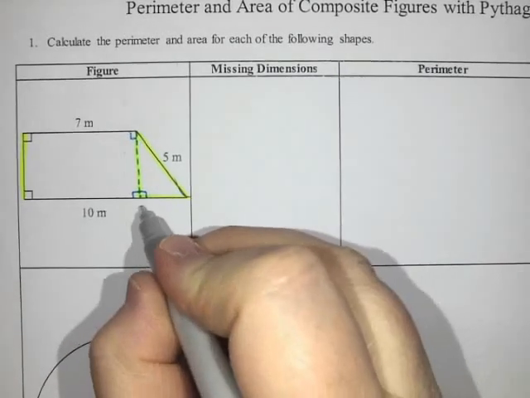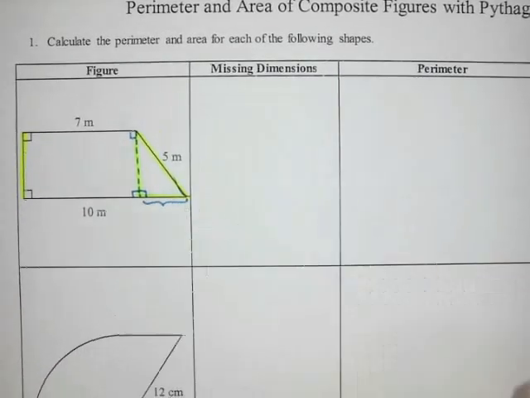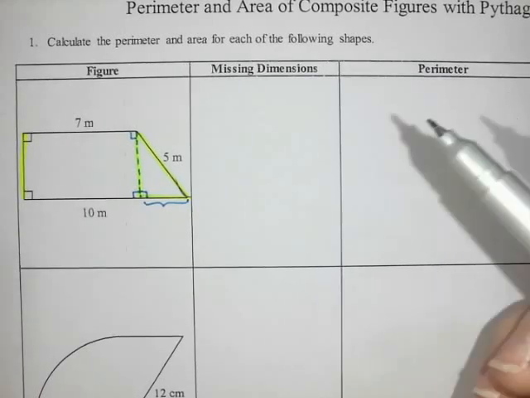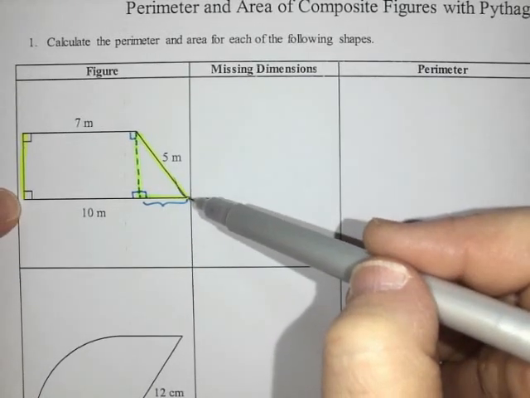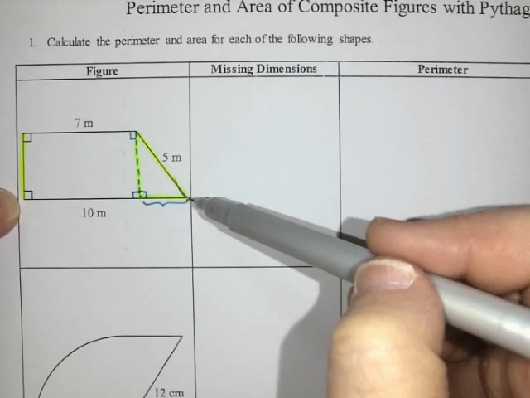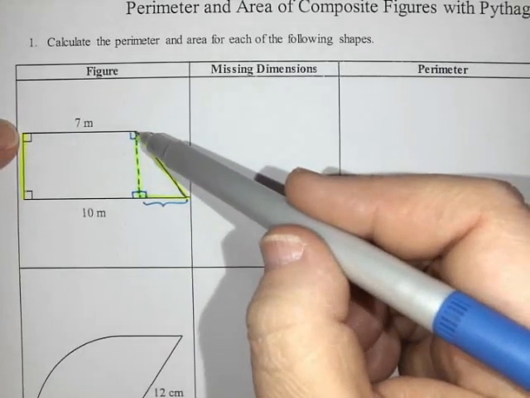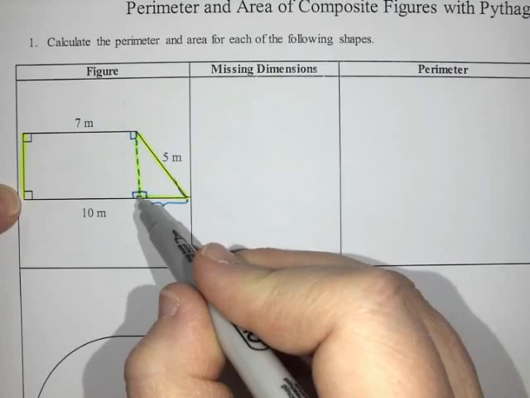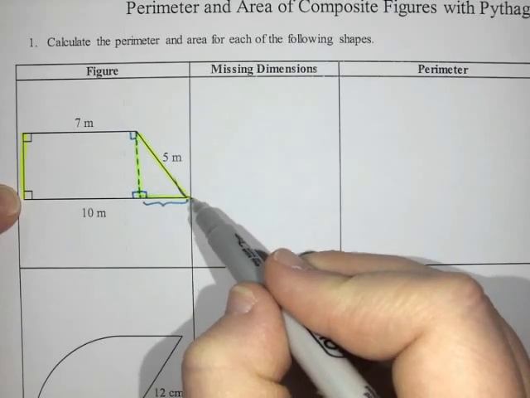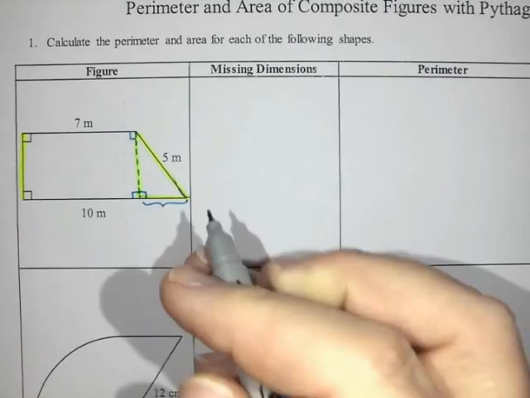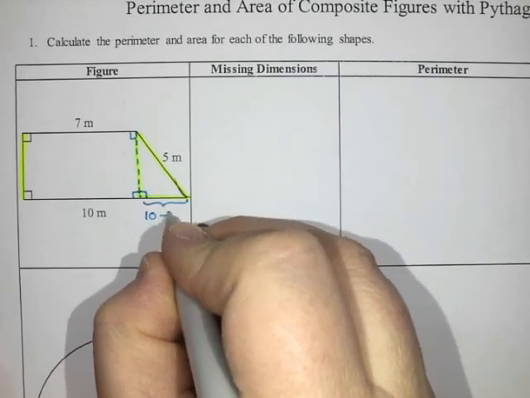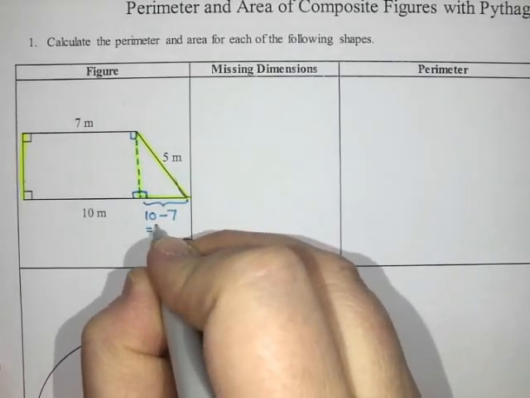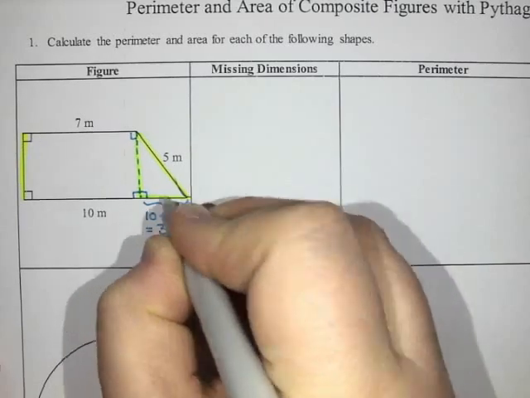Now, the problem is I don't currently know what that side is. But I do have a measurement here that says that this whole side is 10 meters. And then this top little bit here is 7 meters, which means this section down here is also 7 meters. So I could take 10 meters minus 7 meters to get that section there is 3 meters long.